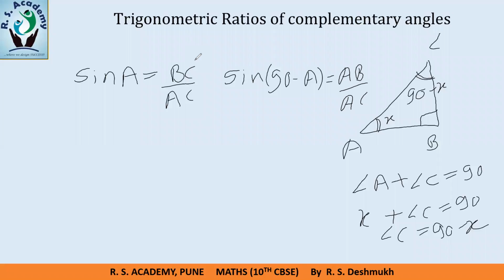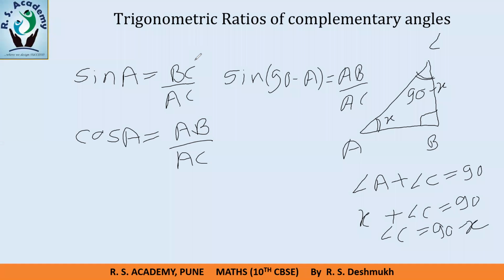Yes, sir. But about sine of 90 minus theta, I will ask you one more thing. Suppose I say cos A, what is cos A? Adjacent side upon hypotenuse. What is adjacent? AB upon AC.